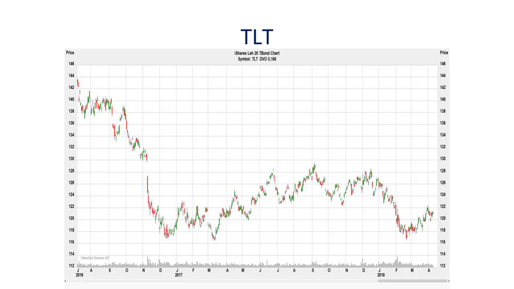And number two, more or less just channeled around in 2018 as a result of its difference from equity markets. And so this was a completely different kind of behavior than the equity markets, and therefore you can expect diversification coming from trading in the TLT versus SPX and RUT.